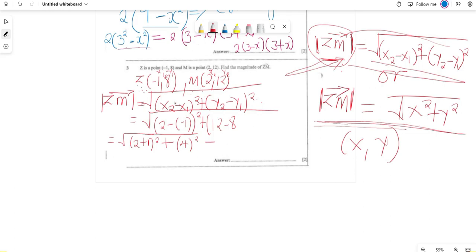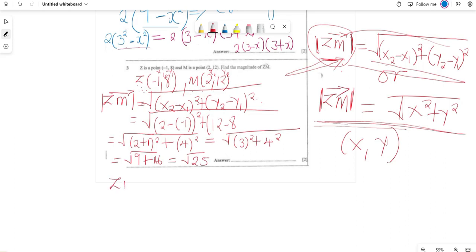This is the same as 2 plus 1, which is 3 squared, plus 4 squared. What is 3 squared? It is 9, plus 4 squared, which is 16. So we are going to have 9 plus 16, which is 25.